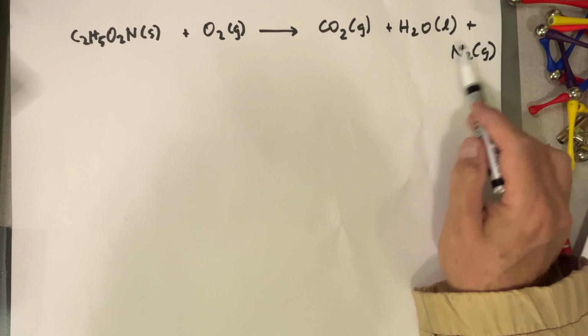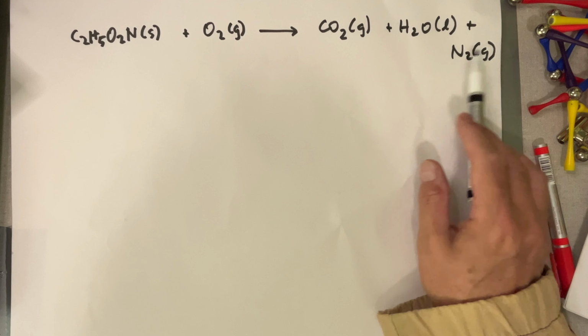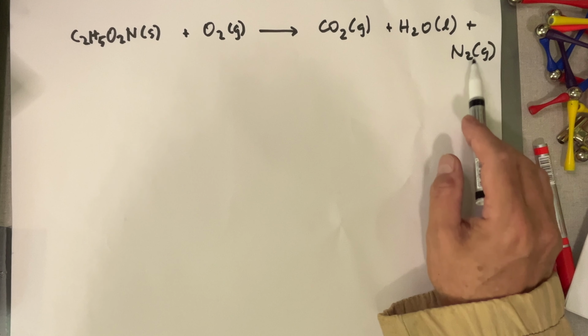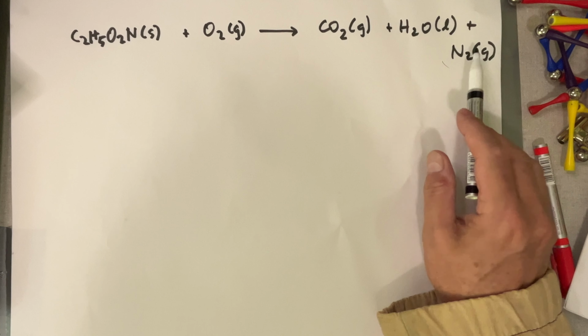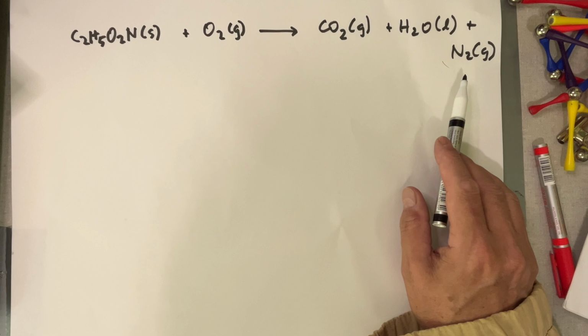I'm going to assume that it's complete combustion. That means you form N2. If it's incomplete combustion, you'll form some NOx gases, so-called NOx gases. But because you were given no information on that, one will have to assume that complete combustion takes place.